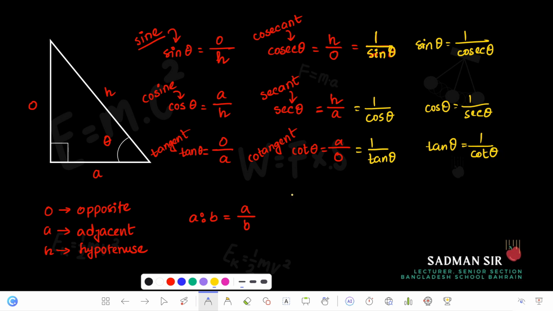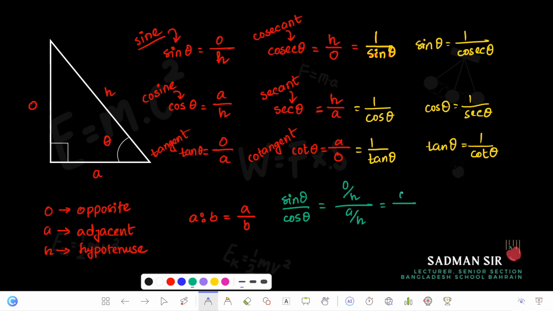Now there are two more relations between tan, sine, and cos. So that goes like this. For example, if we have sine theta divided by cos theta, then what is sine theta? Sine theta is oppo by hypo. So opposite divided by hypotenuse, and cos theta is adjacent divided by hypotenuse.